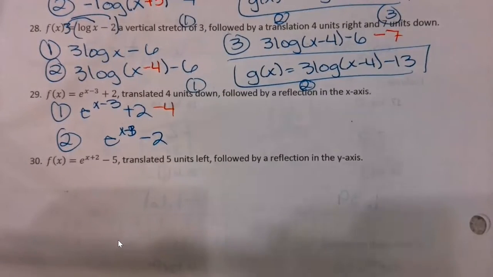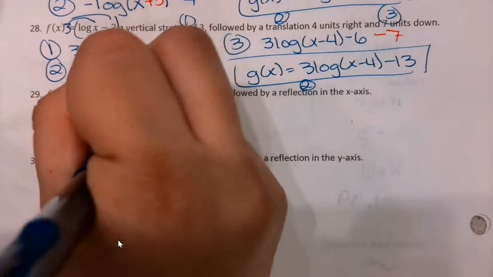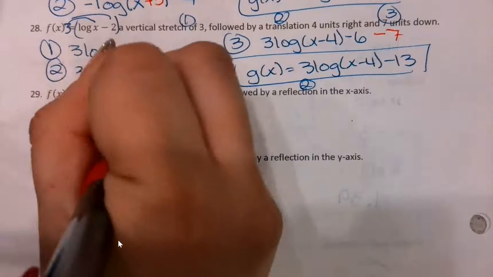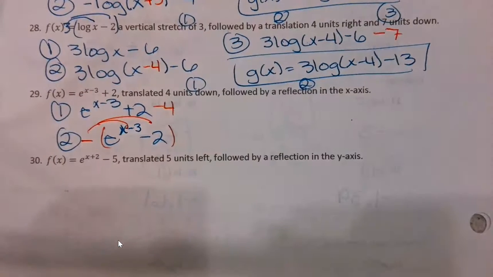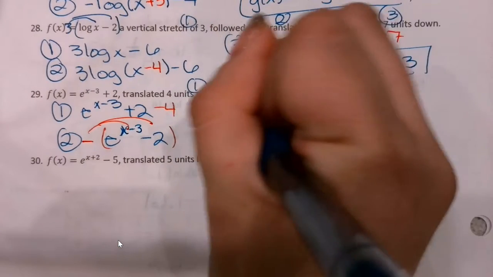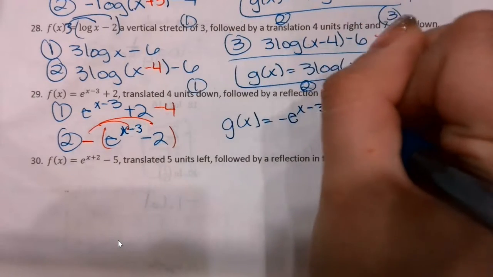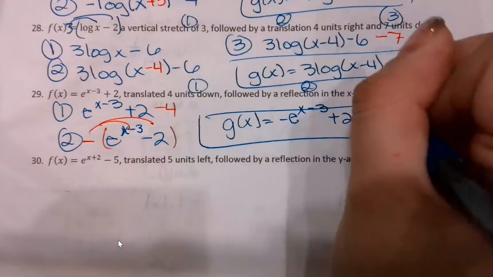Let me go fix that minus 3, it doesn't look good. Okay. And then the reflection in the x-axis is going to be a negative out front that distributes to the e and the negative 2. So then I'm left with g of x equals negative e to the x minus 3, plus 2.